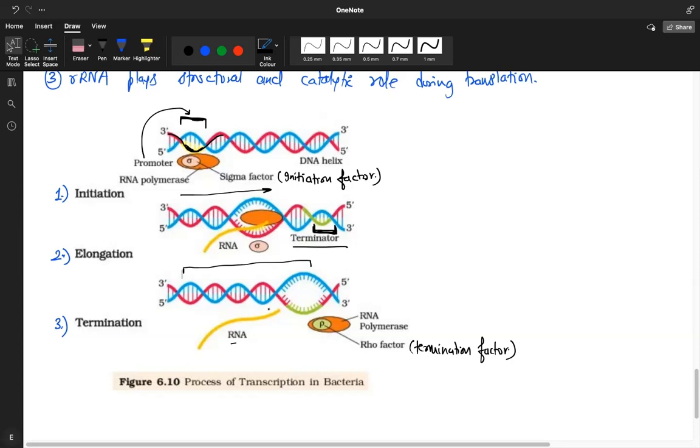It uses... so when it is elongating, when it is making more RNA, what do you need to make RNAs? What is the monomer of RNA or DNA? Nucleotides, right?